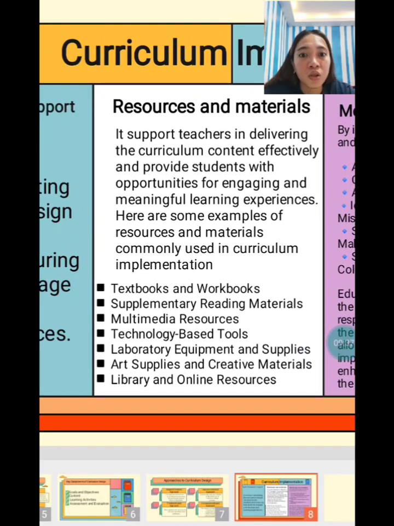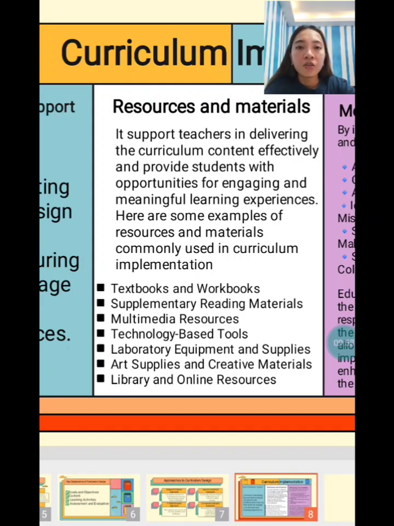First is the textbooks and workbooks, supplementary reading materials, multimedia resources, technology-based tools, laboratory equipment and supplies, art supplies and creative materials, library and online resources.